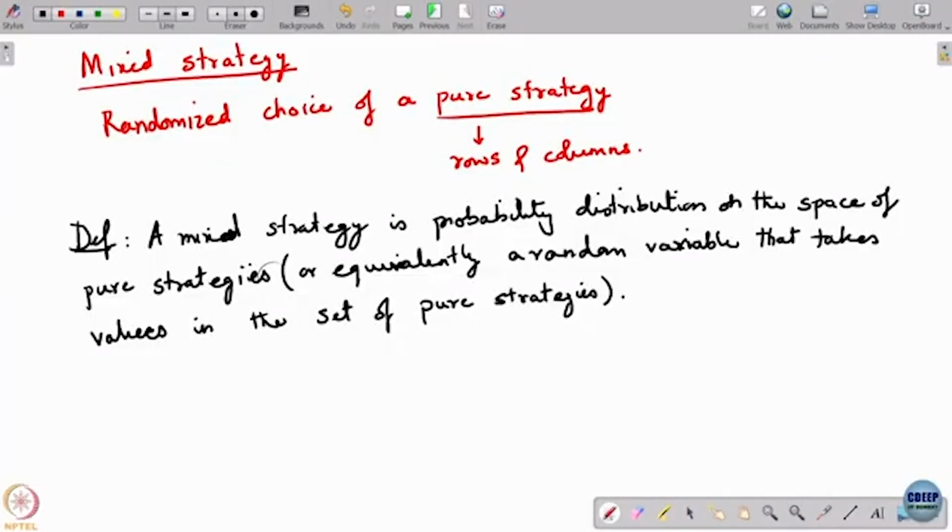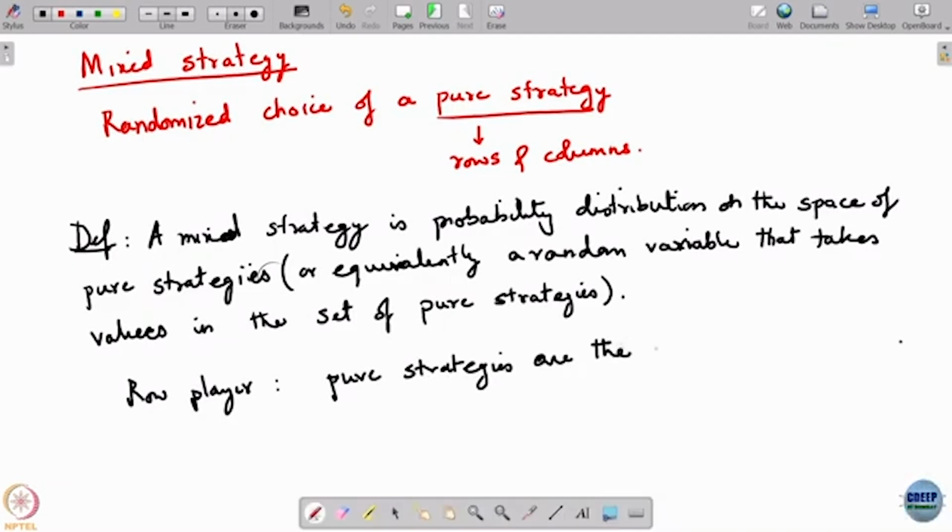So, then in this case, can you tell me mathematically what would be the probability distribution for the row player? The pure strategies for the row player are the rows. Suppose there are m rows.